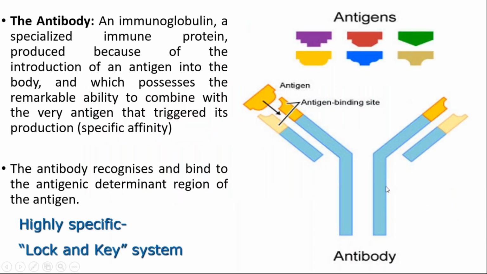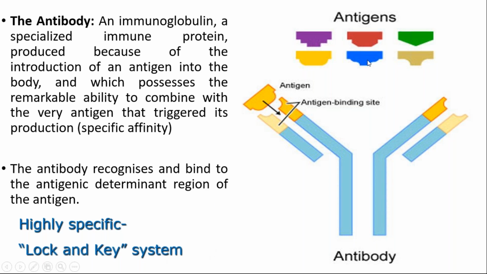So if you have an antibody, it's got the antigen binding site. If we put a whole lot of analytes or antigens, the only analyte to which this antibody is specific will bind. So it is very highly specific, like a lock and key system.